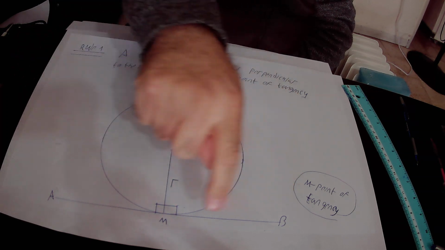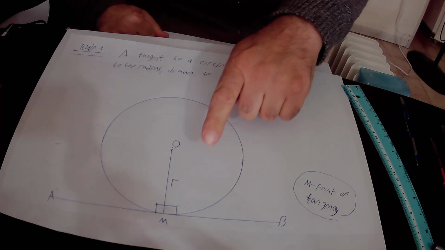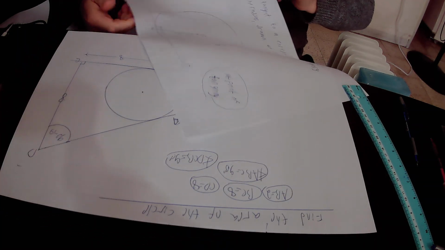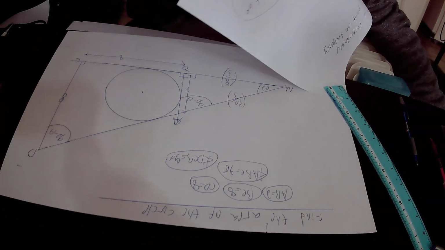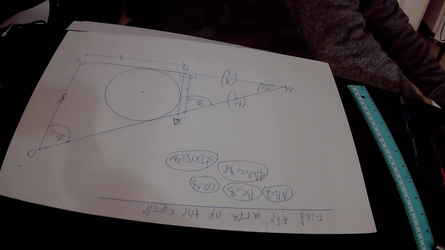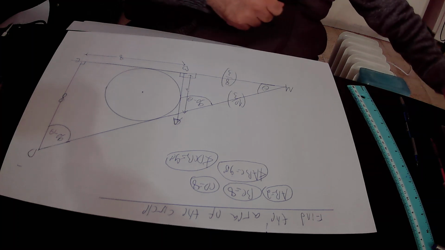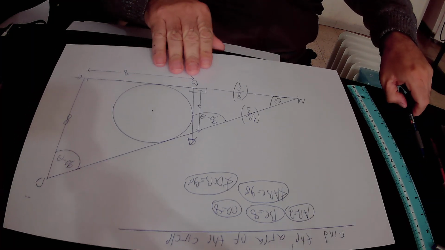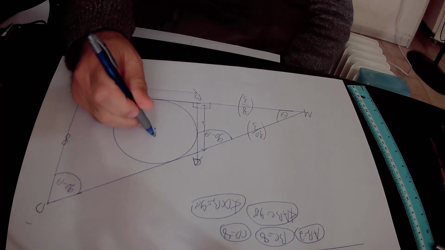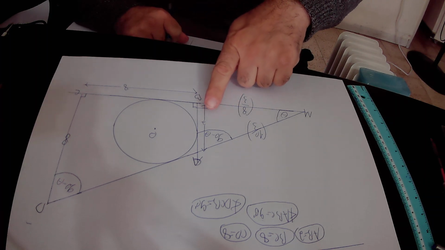So if AB is perpendicular to MO, it means that this angle equals 90 degrees and this angle equals 90 degrees. We can implement rule number 1 in our drawing. We define the center of this circle, this point, as O. AB is tangent to the circle at this point.